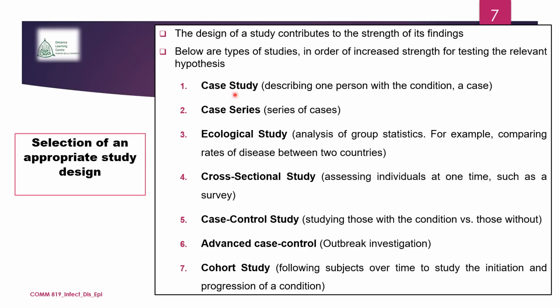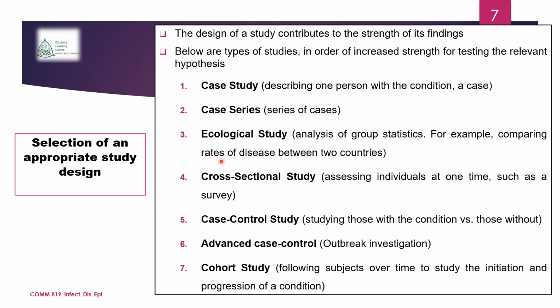And below are some types of studies in order of increased strength for testing the relevant hypothesis. We have a case study or case report. Usually this is a single case describing one person with the condition as a case. Then we have case series where you have series of cases. Then ecological study, and this deals with analysis of group of statistics.